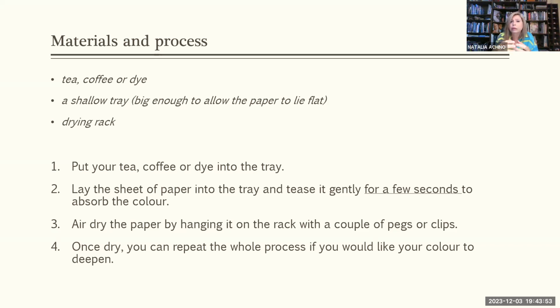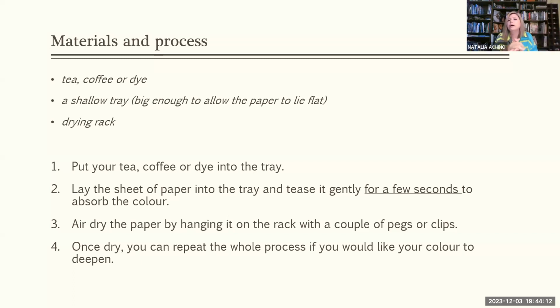You can use coffee, and I recycle. The coffee pots from the machine, I boil them again and I use the grounds, or maybe jars of instant coffee that are expired. I use all those and I recycle them.